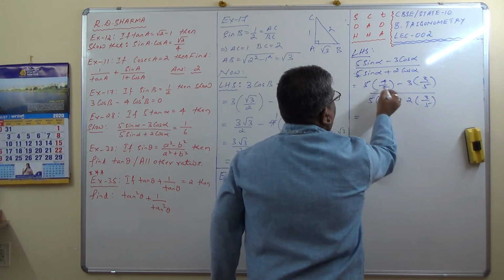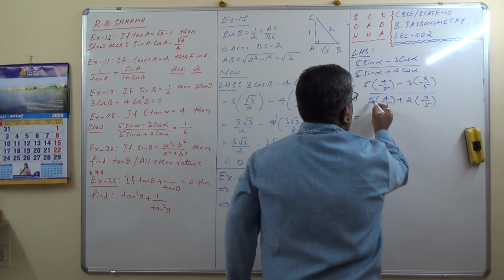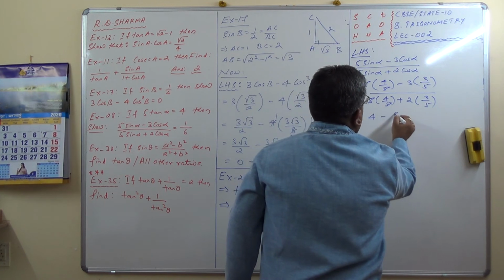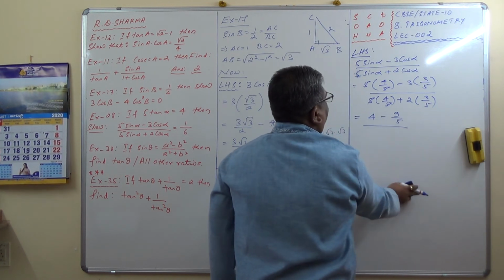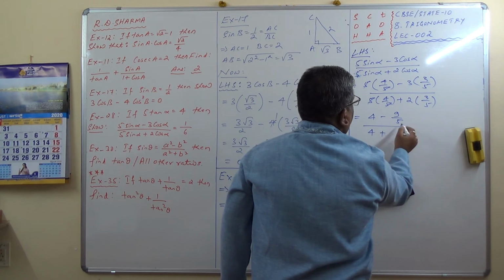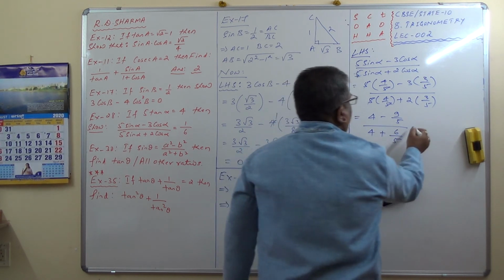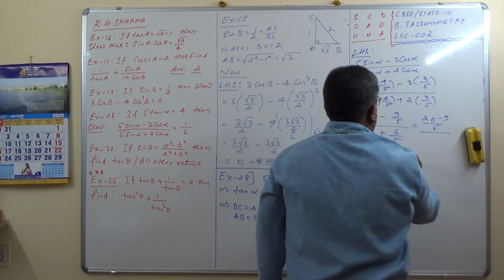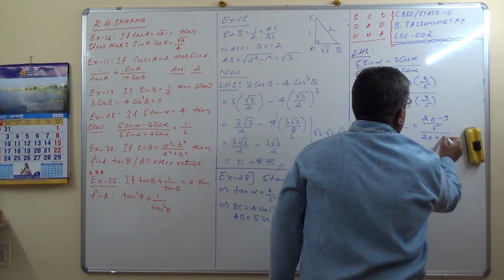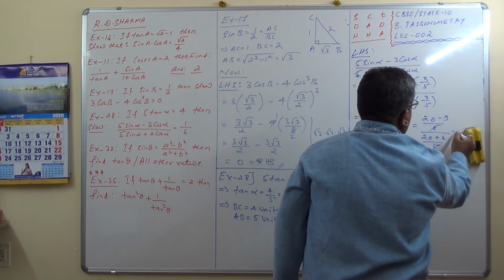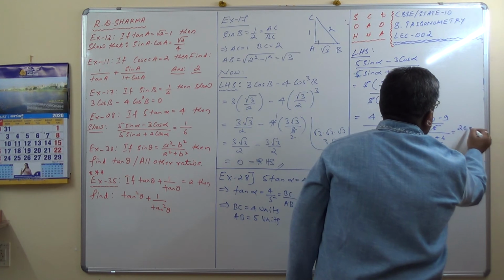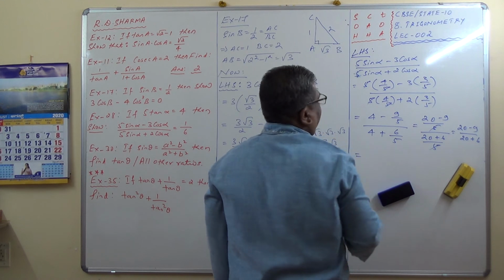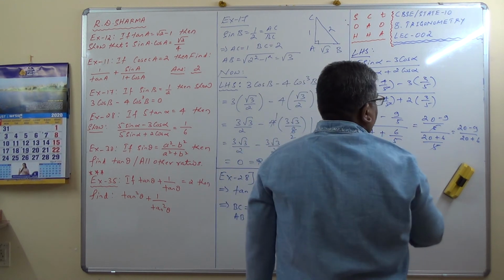So the 5 cancels here and here. This will be 4 minus 9 by 5, the whole divided by 4 plus 6 by 5, which equals 20 minus 9 divided by 5 over 20 plus 6 divided by 5. 5 cancels, which equals 20 minus 9 divided by 20 plus 6.